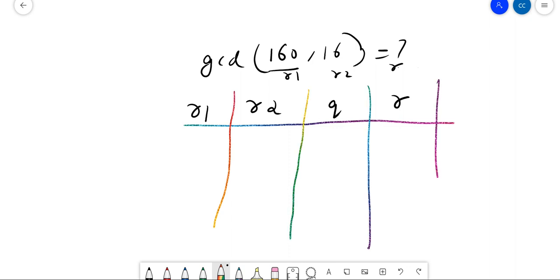This one I will take A and this one B, right?